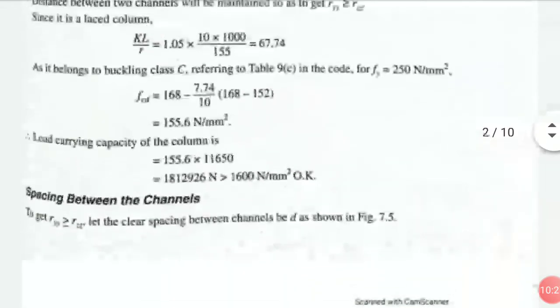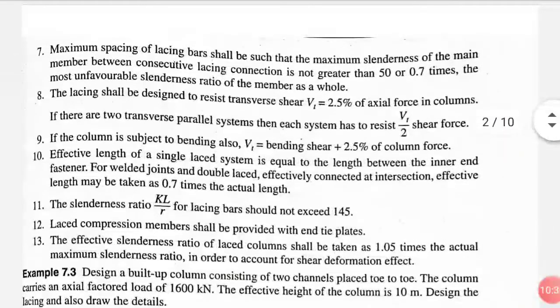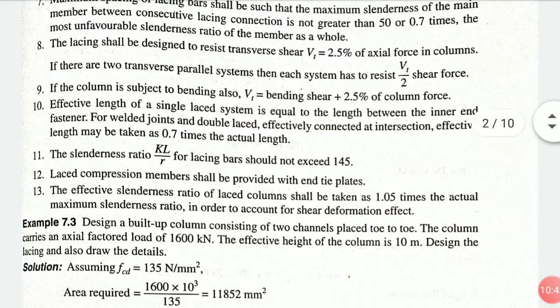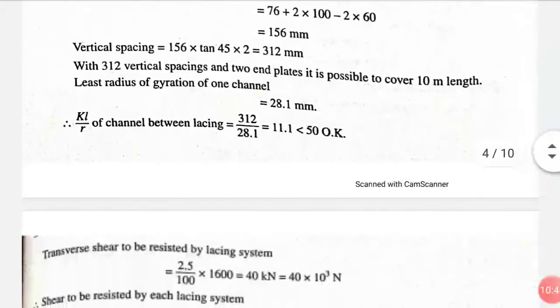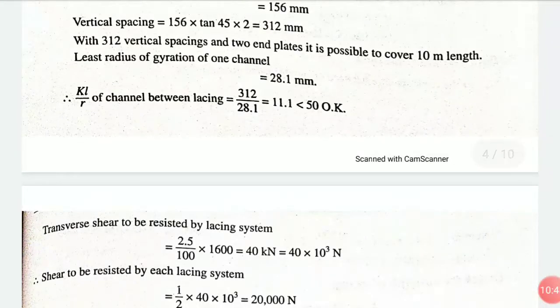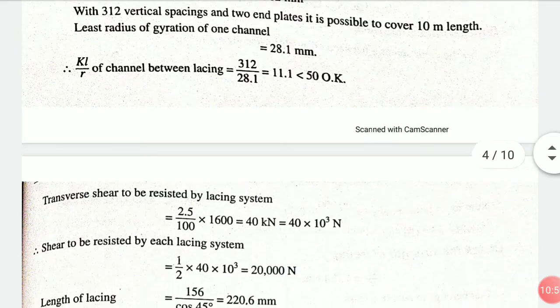For that we have the clause here, seventh point, you can check it. Maximum spacing of lacing bar shall be such that the maximum slenderness ratio of main member between two consecutive lacing shall not be greater than 50 or 0.7 times the maximum slenderness ratio as a whole. So KL by R is lesser than 50, so it is okay.